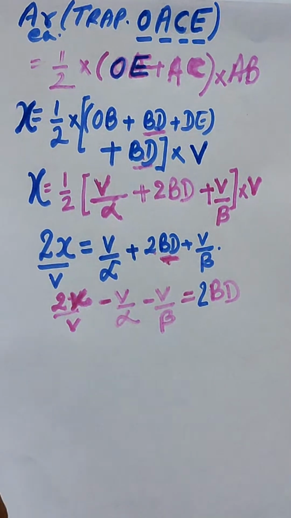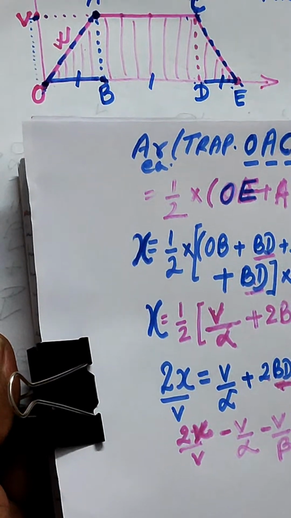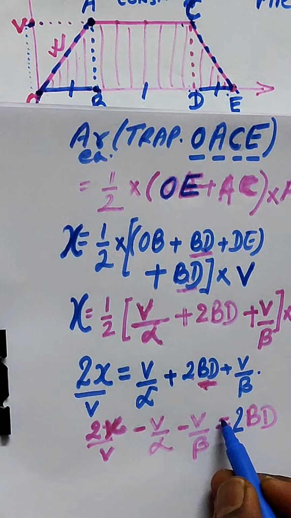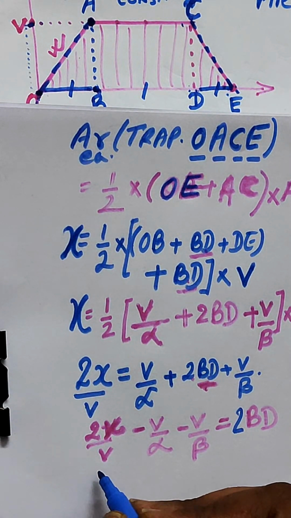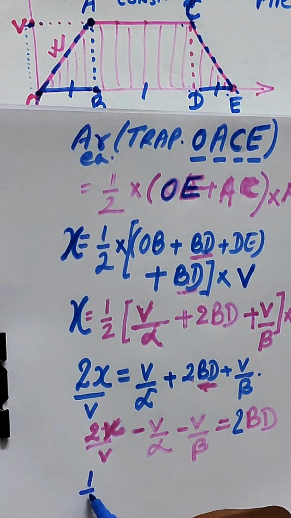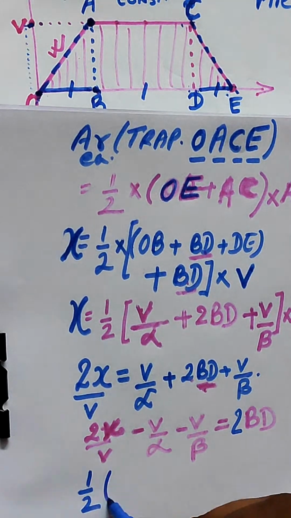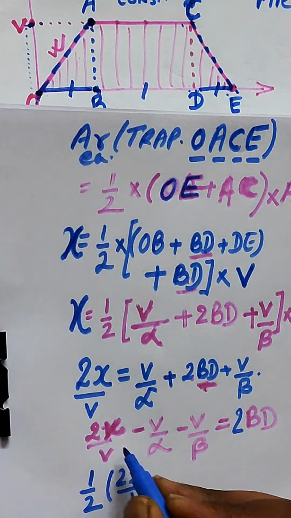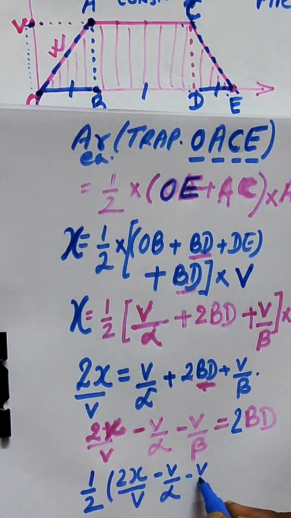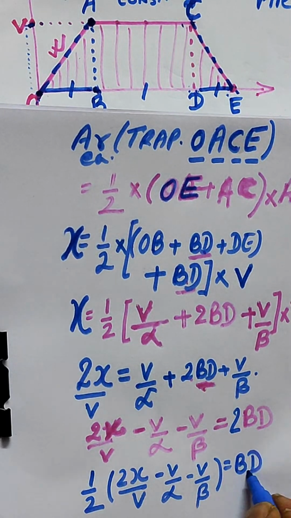Now the value of BD can be written as 1 by 2 times 2X by V minus V by alpha minus V by beta, isn't it?